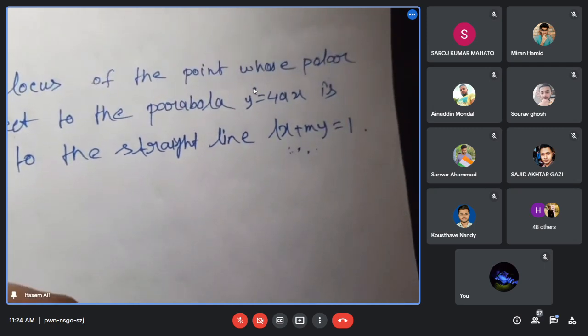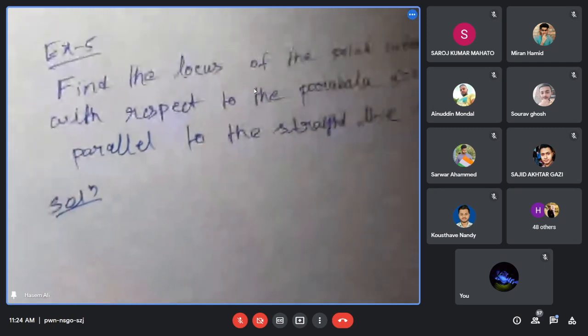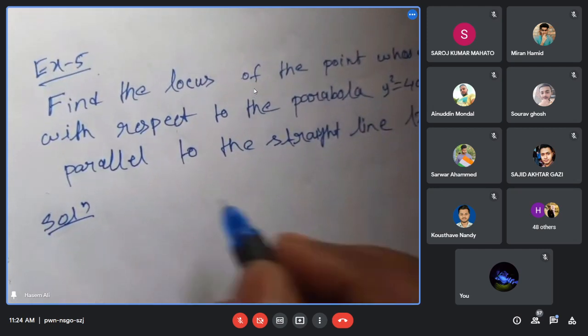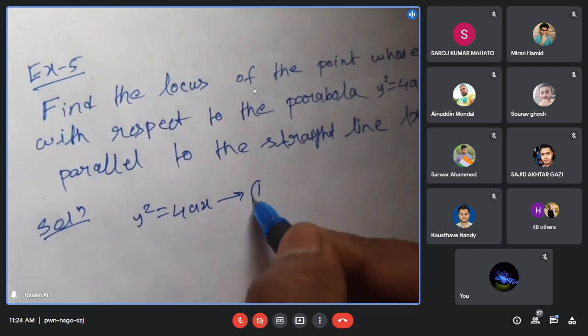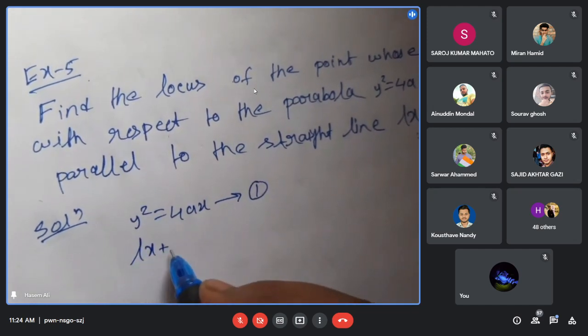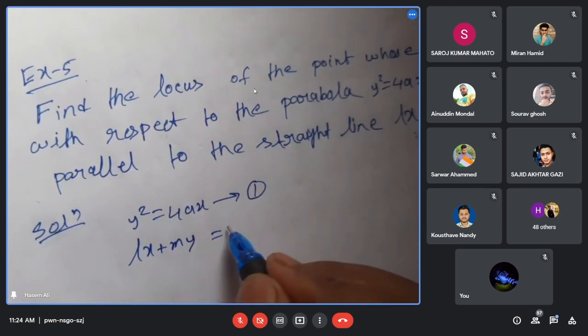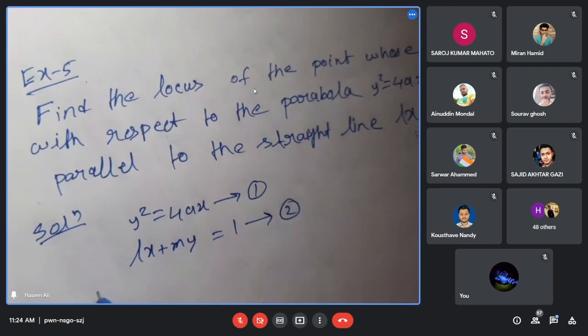So we are given that y square equals 4ax, this is our equation 1, and lx plus my equals 1, this is equation 2.